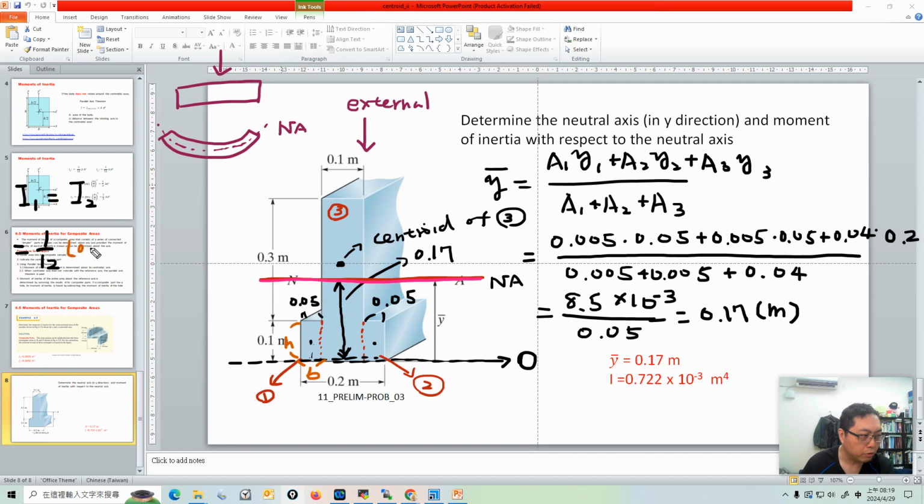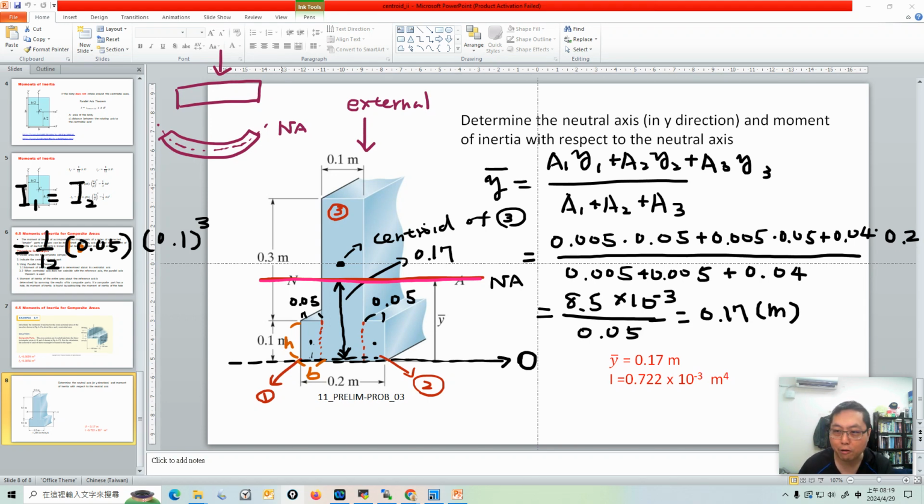So what is your b? It's 0.05, and your height is 0.1 meters, so it's 0.1 cubed. What's the value of this? Let me see. Did I calculate it right? Sorry, not even me, I make mistakes.